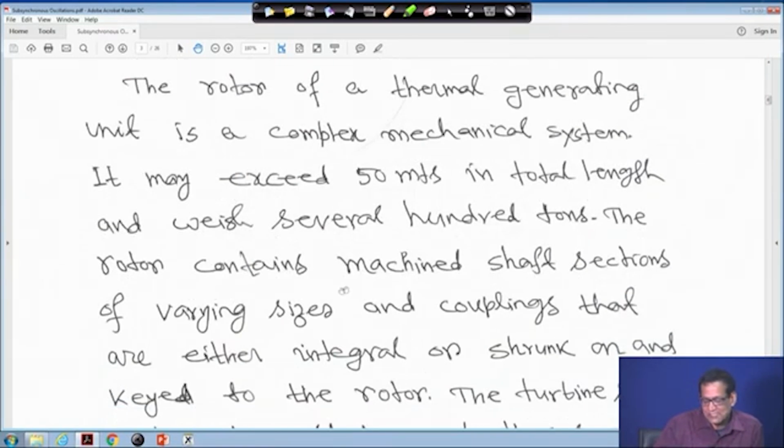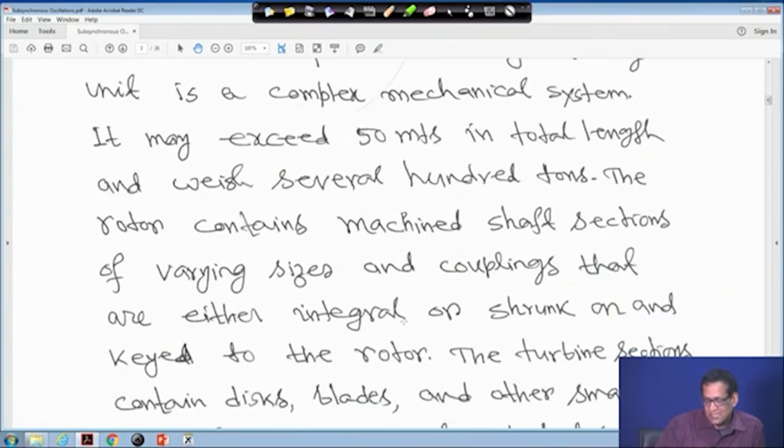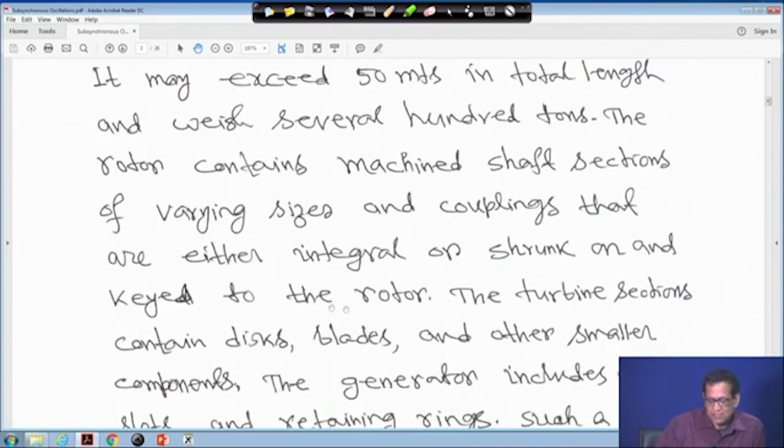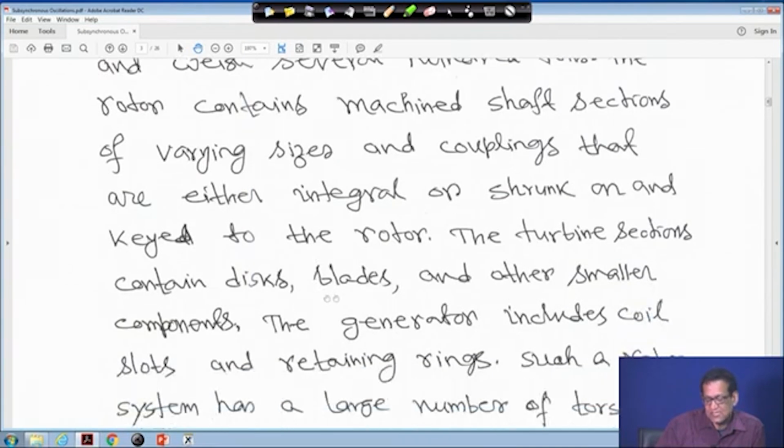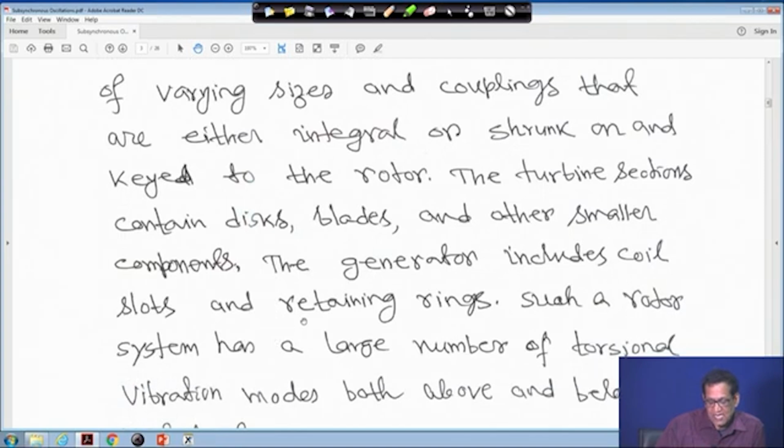The rotor contains machine shaft sections of varying sizes and couplings that are either integral or shrunk on and keyed to the rotor. The turbine sections contain discs, blades and other smaller components. The generator includes coil slots and retaining rings.